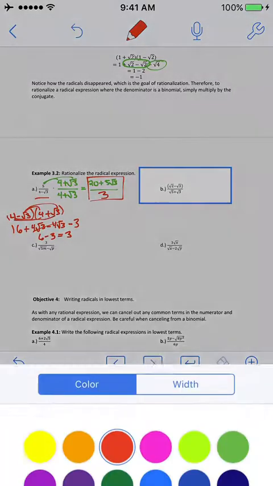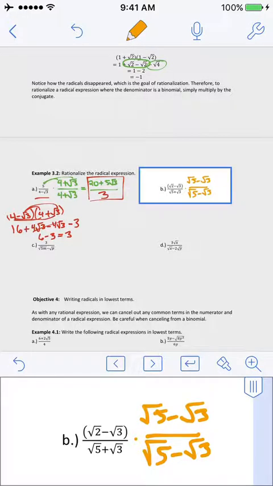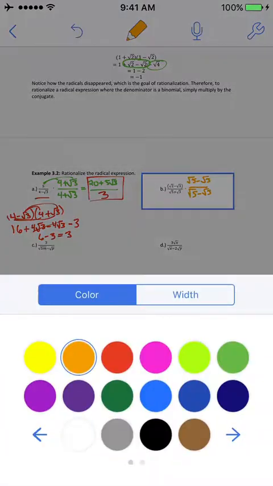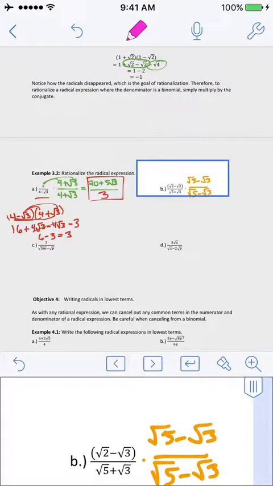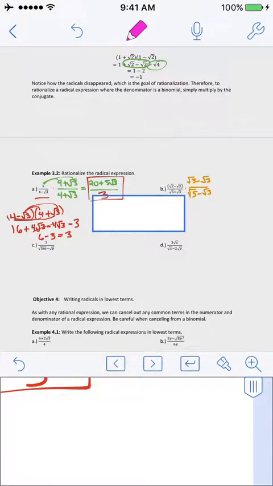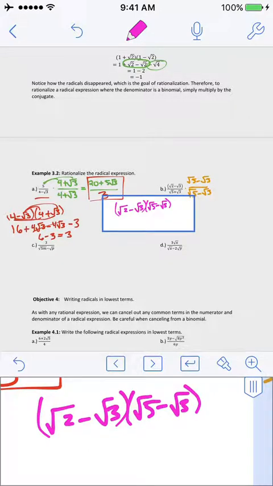Let's do the same thing over here. Alright, what would be my conjugate here? I have root 5 plus root 3. The conjugate would be root 5 minus root 3. And I'll multiply the same thing I do to the top as I do to the bottom. I'll do the first one in pink over here. I'll do the numerator over here. Root 2 minus root 3 times root 5 minus root 3. Just go term by term.